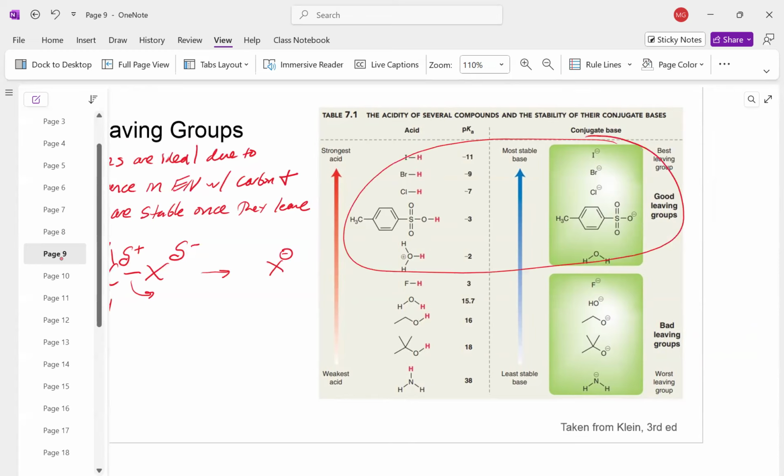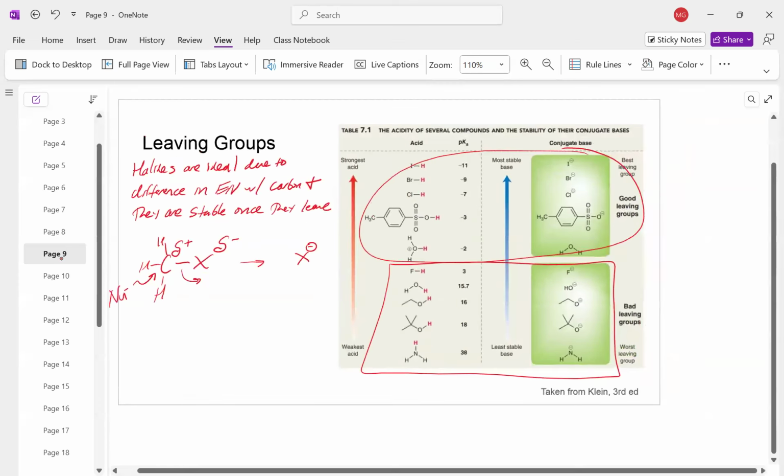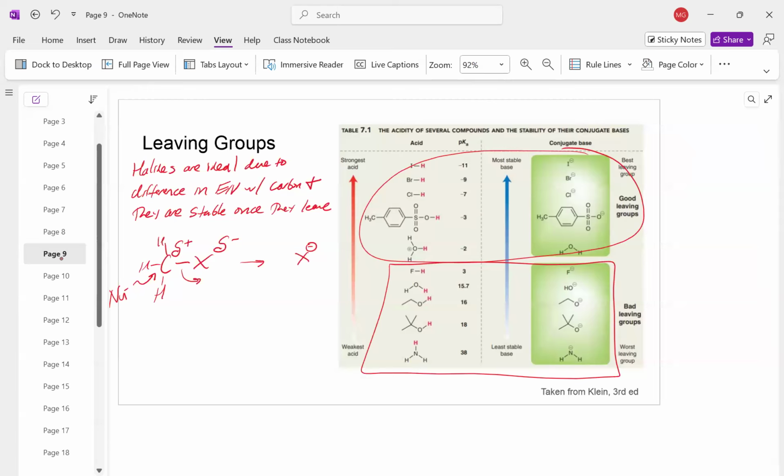Remember back in our acid-base unit, the stronger the acid, the more stable the conjugate base it produces when that proton transfer occurs. And if the conjugate base is stronger, like in the case of these down here, those are not going to be great leaving groups. So that's a little review about why most of the halides, chlorine, bromine, iodine, are really good leaving groups.